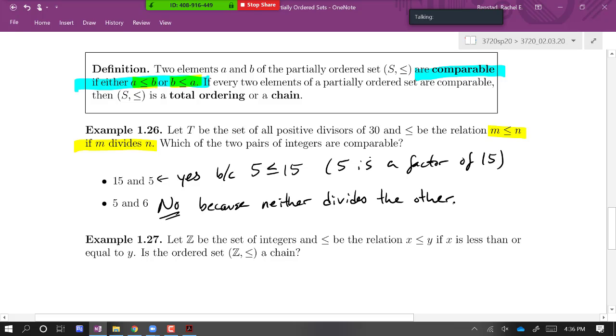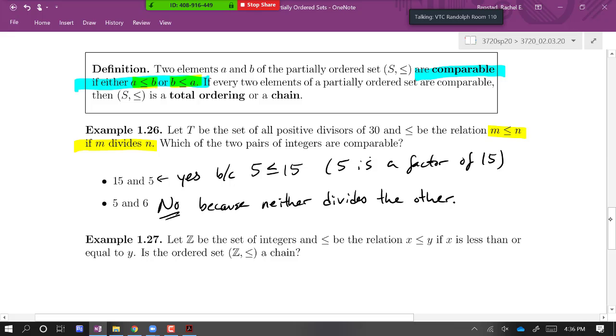So what it means, if you have a partial ordering, if it's the case that all pairs are comparable, that no matter what two elements you pick, you can always say one is going to be related to the other in one order or the other, then we say it's a total ordering.